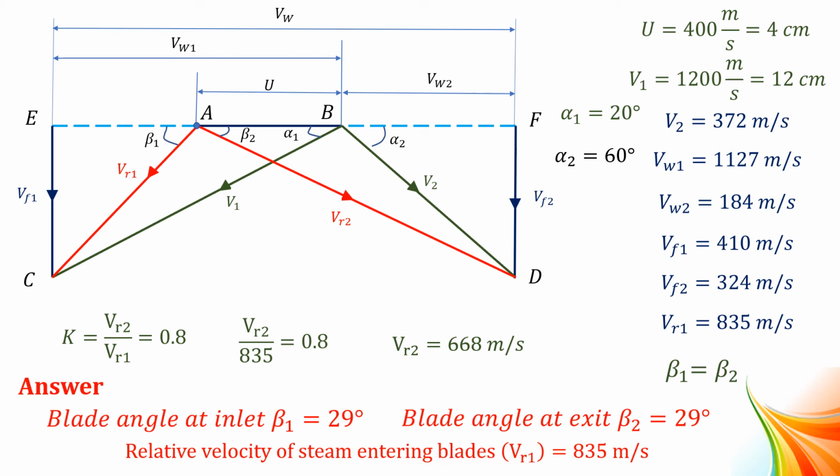Combination of Vw1 and Vw2 will give Vw, because Vw2 is in the negative direction. And in this way, the whole combined velocity diagram is drawn.